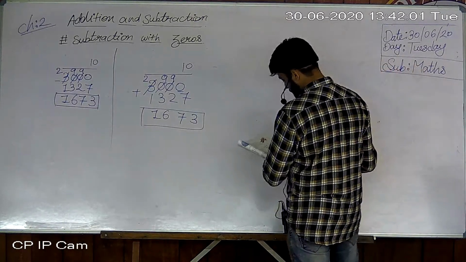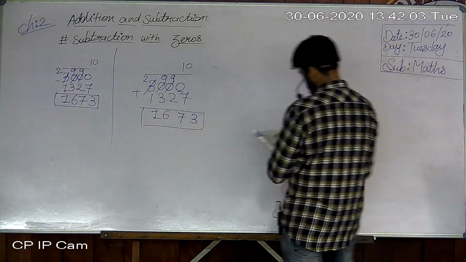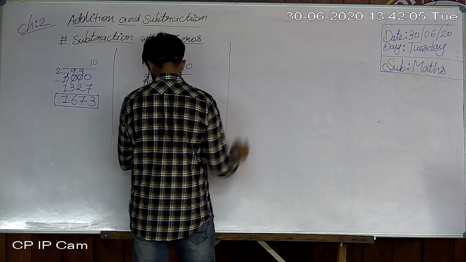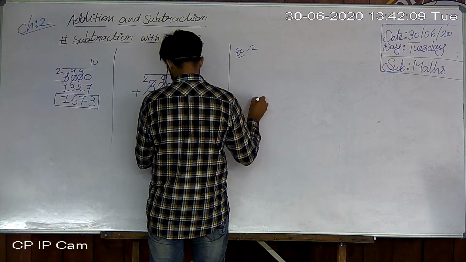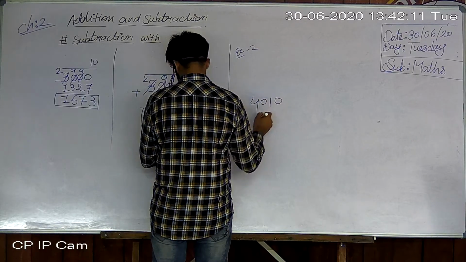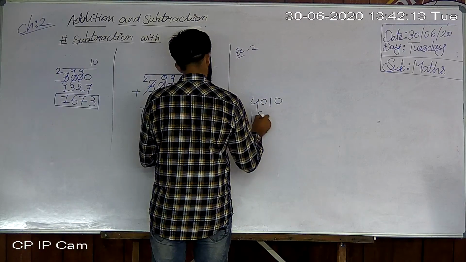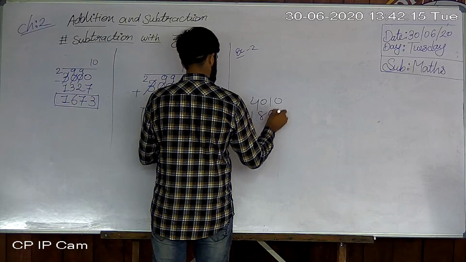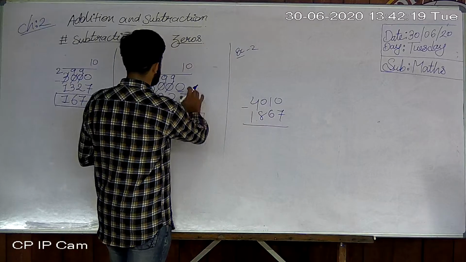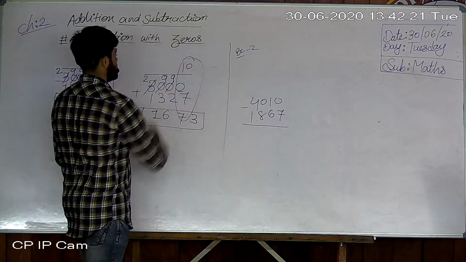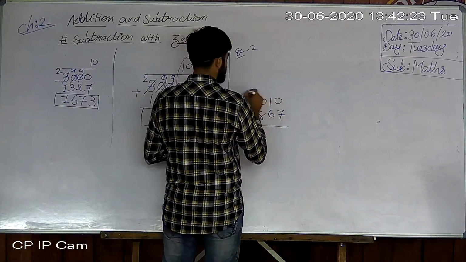And one more example I am taking for you. Zero minus 7, again the same situation. So what are we doing here?